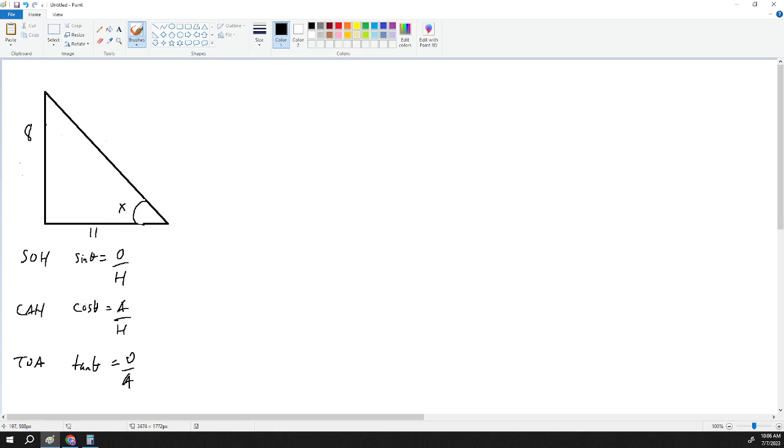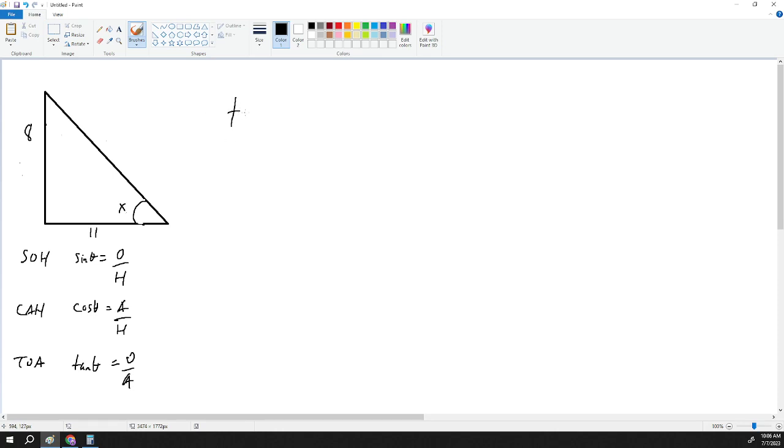What do I use here so I can find out the angle of x? Tan, correct. Or tan -1, or the inverse of tan.